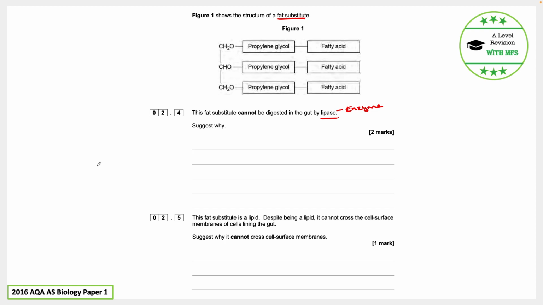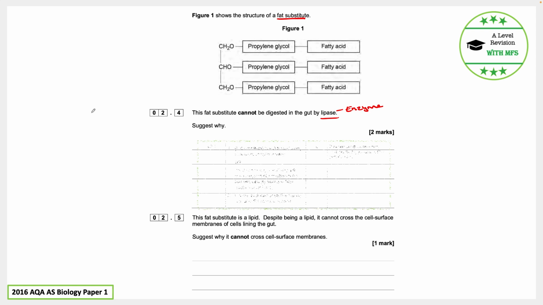Now, if we use a fat substitute, that will have a different shaped substrate. Because it has a different shaped substrate, it won't be complementary to the active site of the lipase enzyme. Okay, and therefore, as with any enzymes question, the enzyme substrate complexes cannot form.